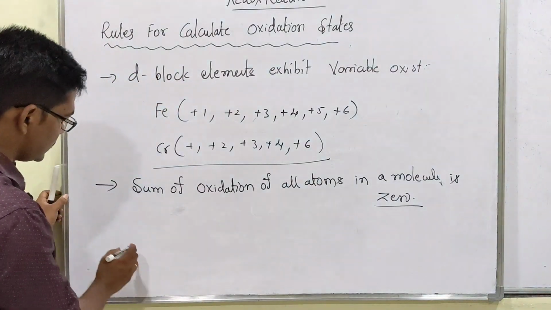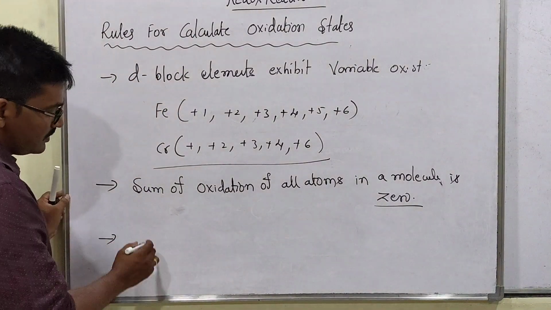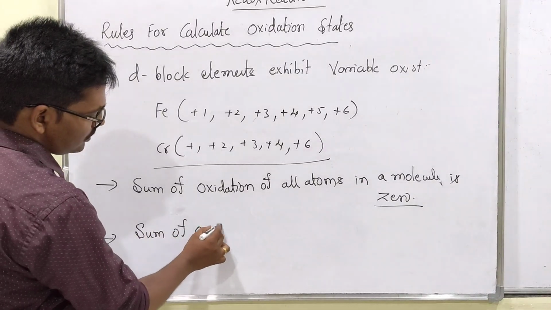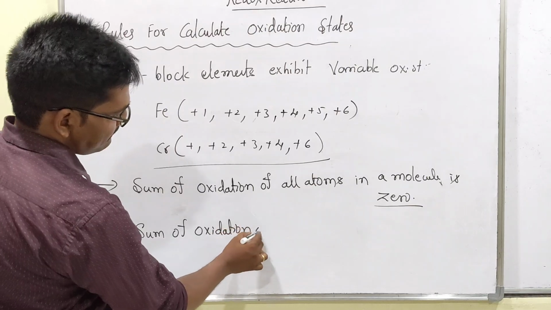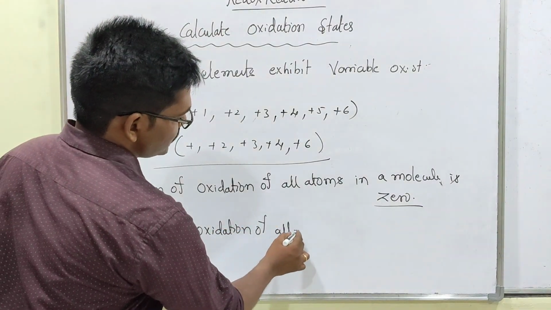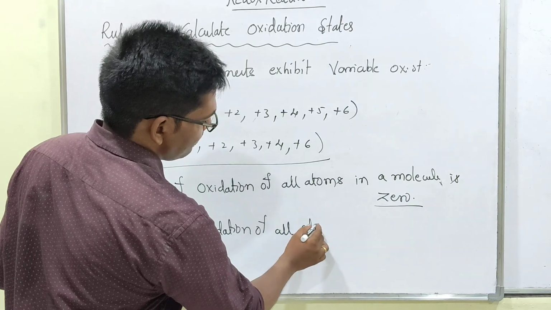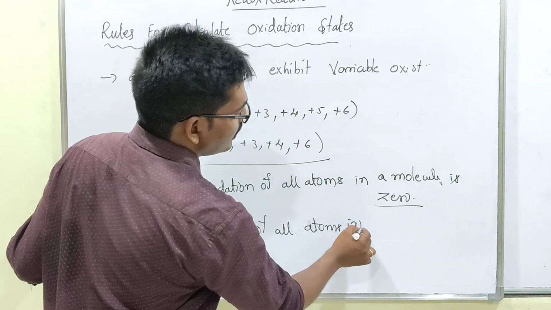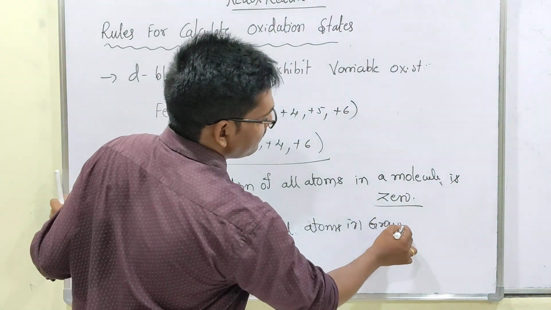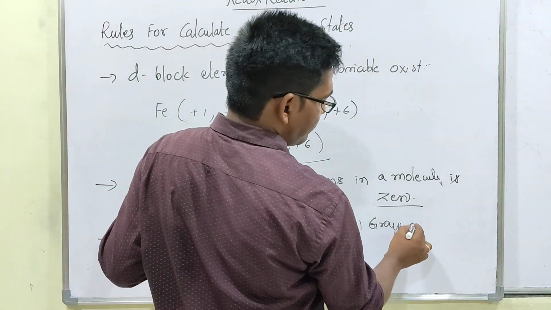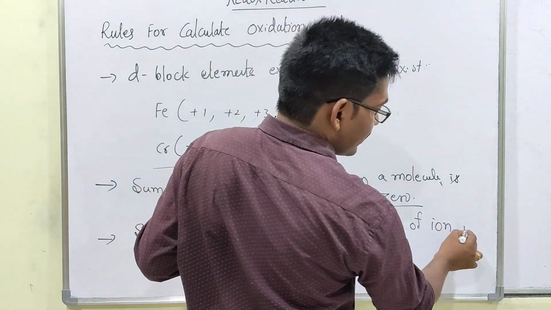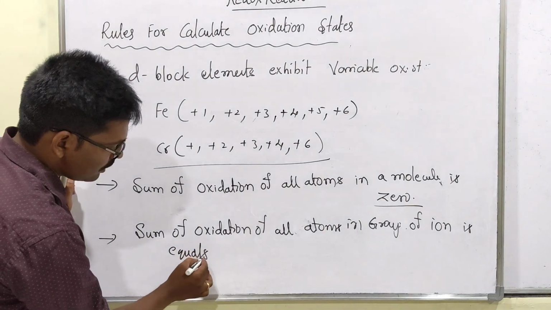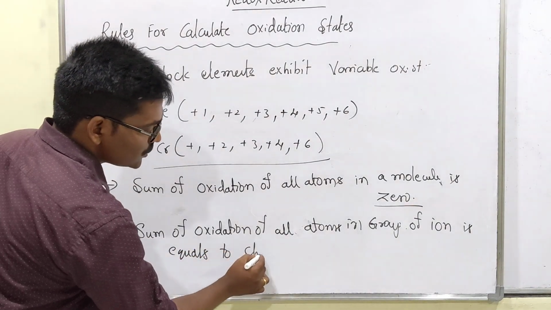In case it is a group of ions, the sum of oxidation states of all atoms in a group of ions is equal to the charge on the ion.